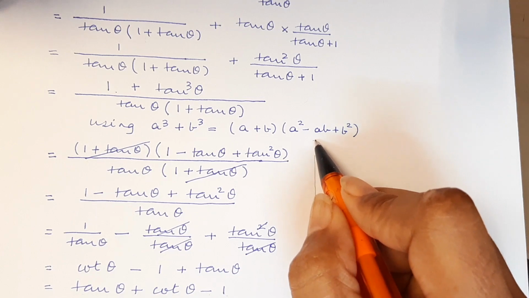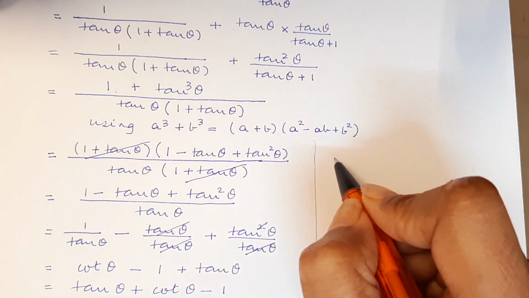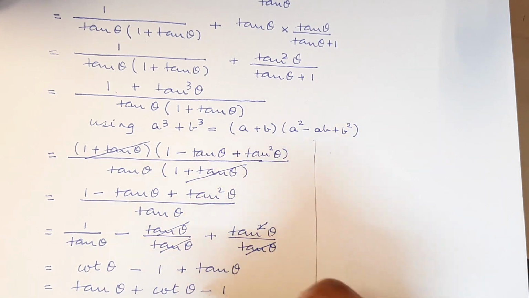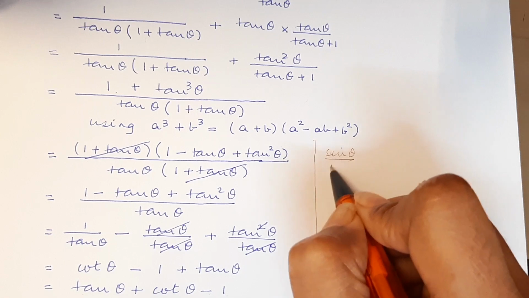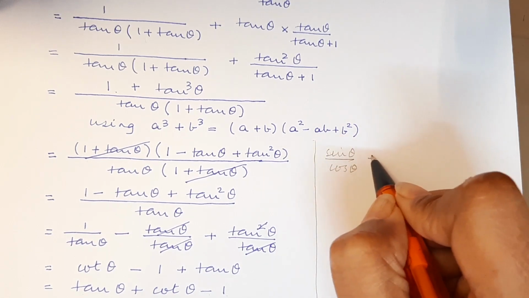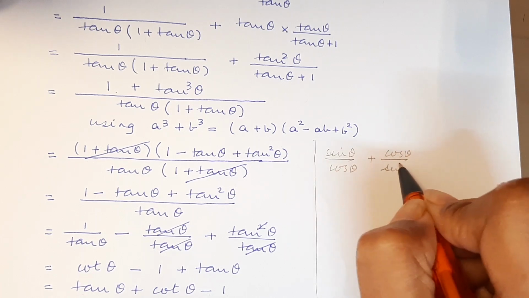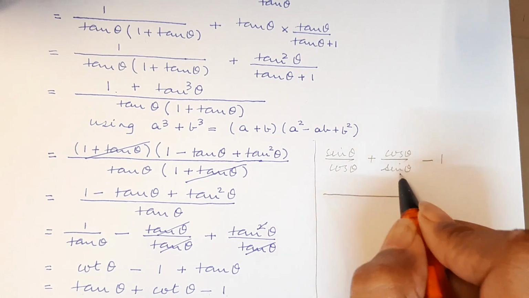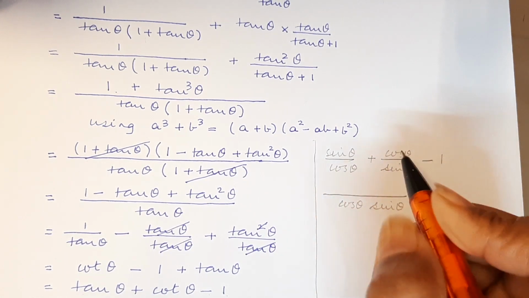The examiner will say prove that, not tan theta plus cot theta minus 1, but the examiner will ask you to move this further on, which means tan is sin theta upon cos theta plus cot is cos theta upon sin theta minus 1. And so the examiner will take cos theta sin theta as the LCM.